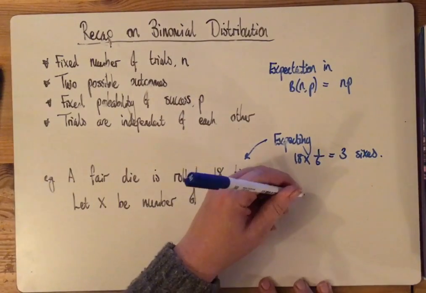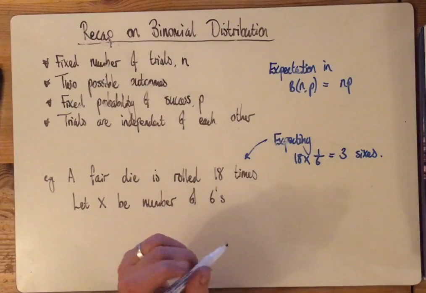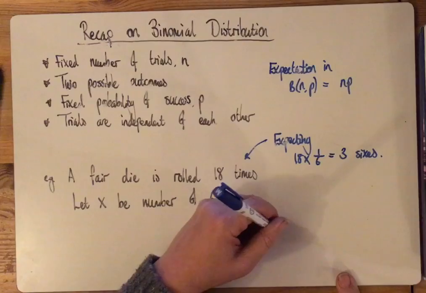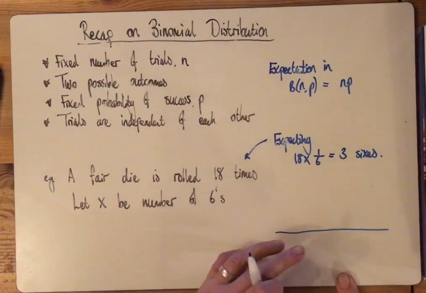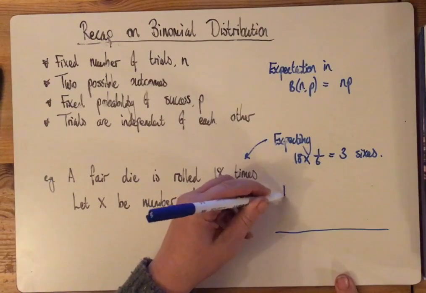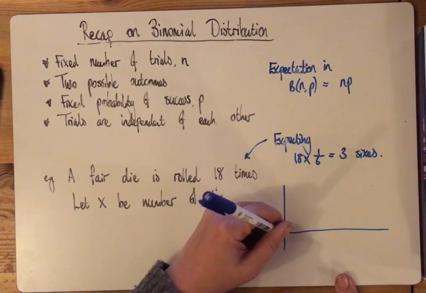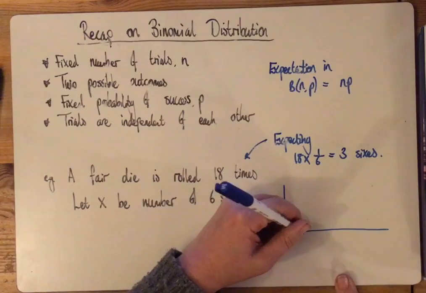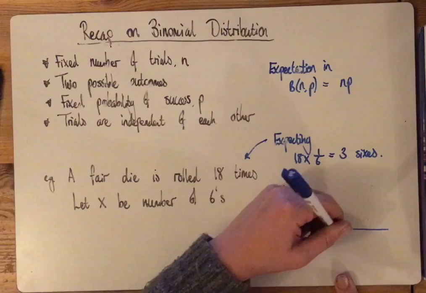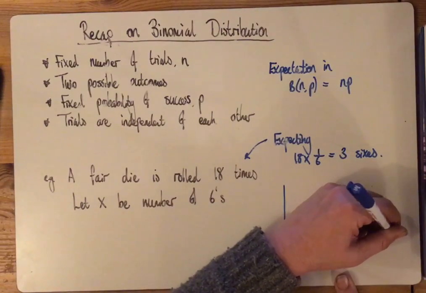So unlike the normal distribution, the binomial distribution is only symmetrical if p is equal to a half. It's finite and it's discrete, so x is taking particular values. You're starting at 0, then 1, 2, 3, 4, all the way up to 18.